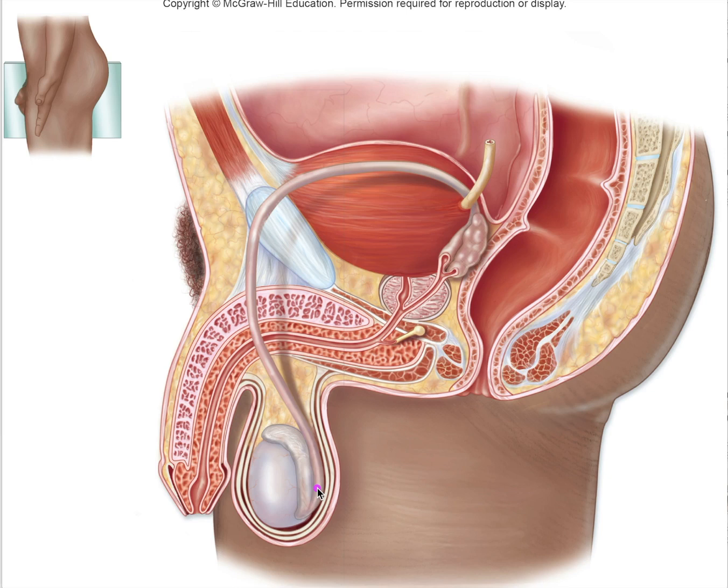Ductus deferens is a more appropriate name for it because anatomists once thought that this was a vessel, and so they named it the vas, but it's clearly not a blood vessel. It lets the sperm travel out of the testicle.